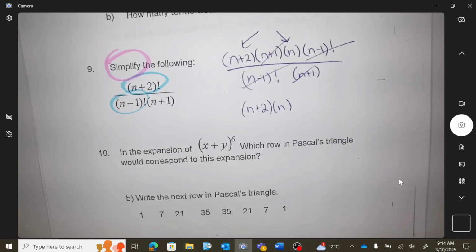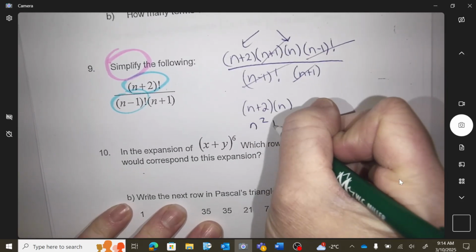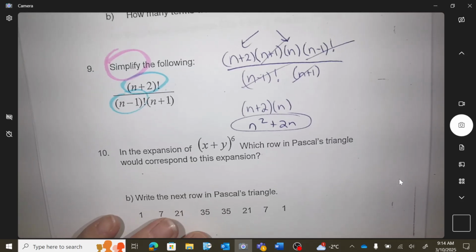Okay, so simplify means n squared plus 2n. Simplify means I'm going to expand that out.